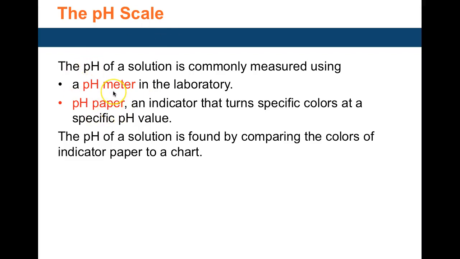Or else you can do it most accurately with a pH meter, because what it does is it is basically taking the conductivity, so to speak, electrical units, and converting it into a numeric value. All right, okay. So it's very accurate. The pH meter is very accurate.